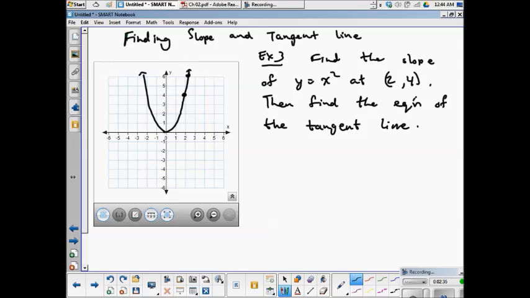And since this is the point 2, 4, we'll call this point (2 plus h, 2 plus h squared). Any point on this graph has the same feature: the x-coordinate squared is your y-coordinate.